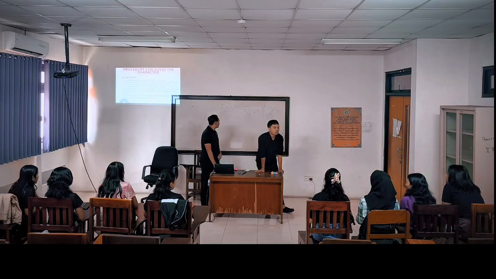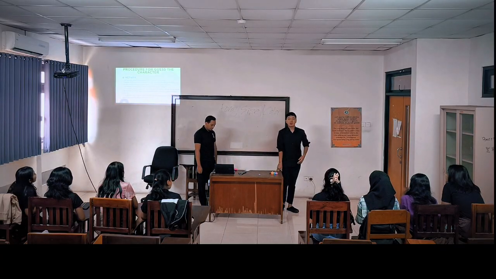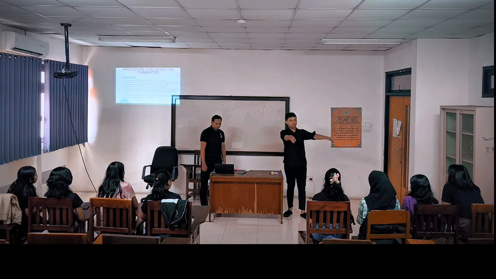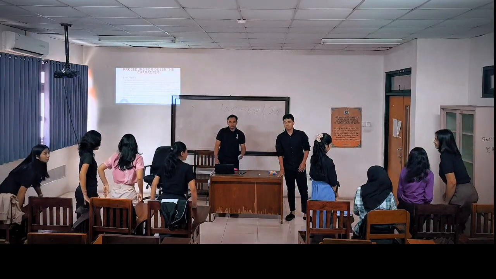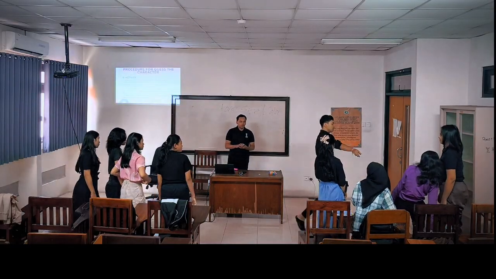Now we will divide you into two groups, group 1 and group 2. Before that, let's arrange our sitting position first. Let's make a semicircle first. Please stand up, everyone. Just make it like this.